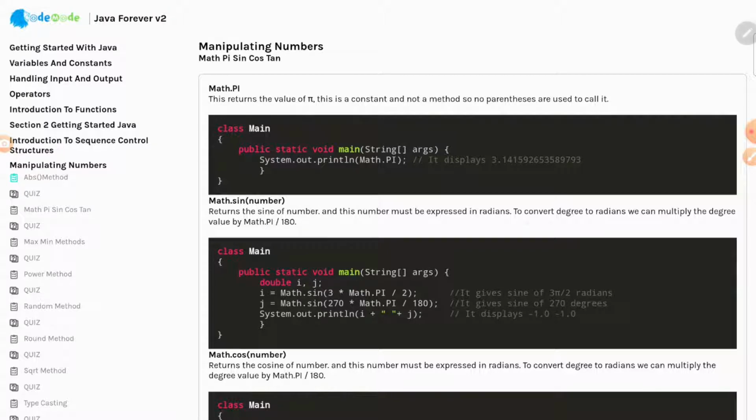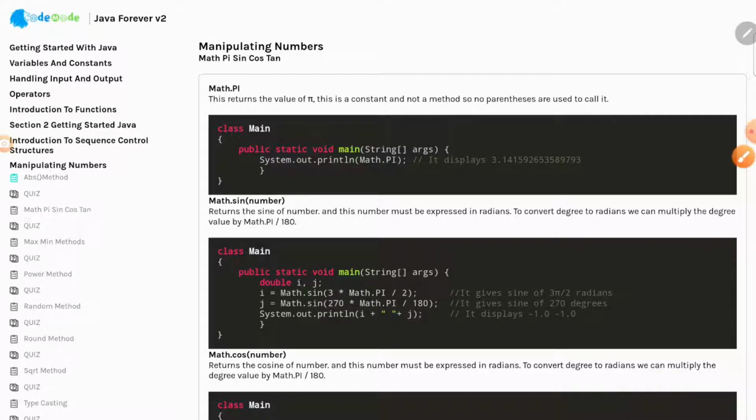Now, rather than declaring our own pi, we can simply use math.pi, which will give much better precision compared to our value, which is 22/7 or 3.14. So I always recommend use math.pi, but use it like a constant. Don't treat it as a function, because it is not a function. Not to mention that math.pi is part of java.lang library in the math class.